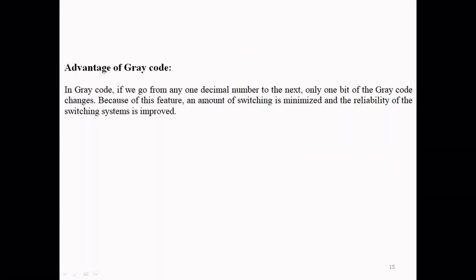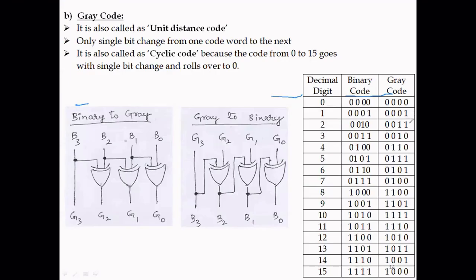The advantage of gray code is, if you go from any one decimal to the next, only one bit of the gray code changes. If you observe these two, how many bits change? Only one, this 0 became 1. Suppose you observe this one, how many bits change?